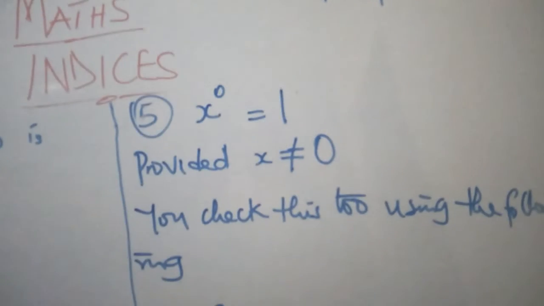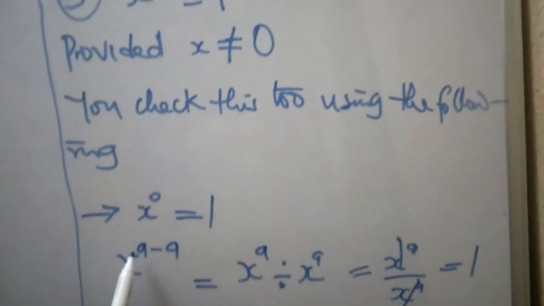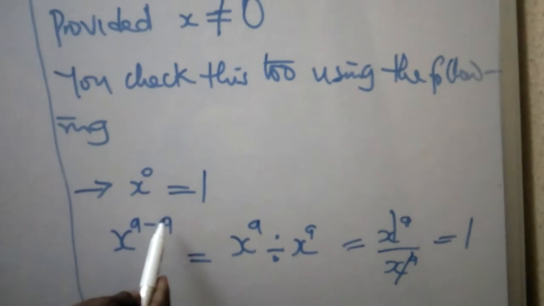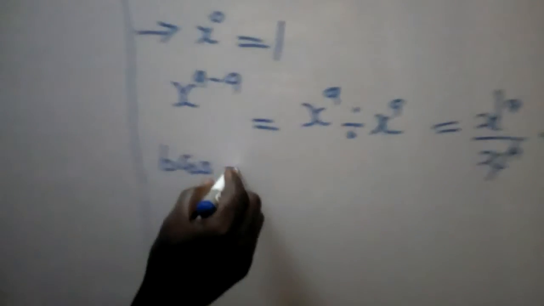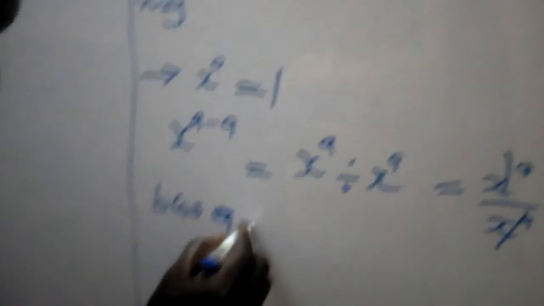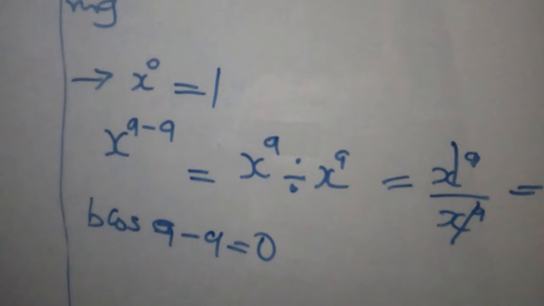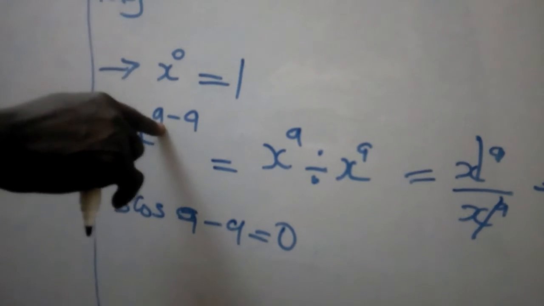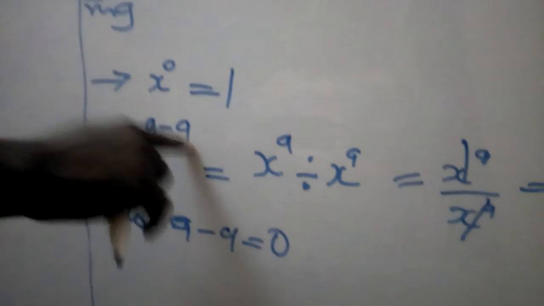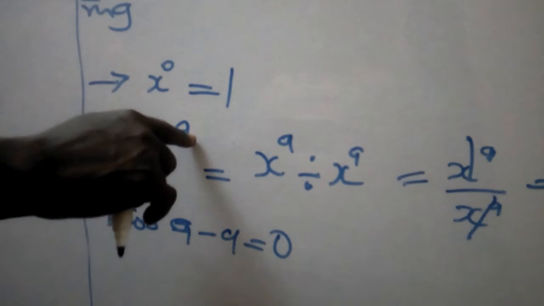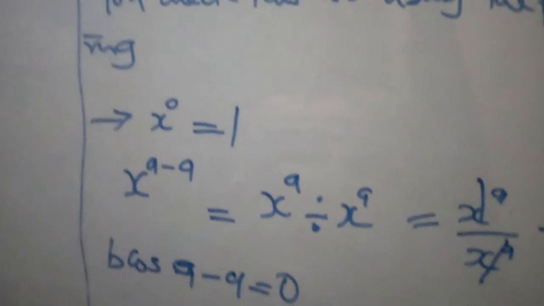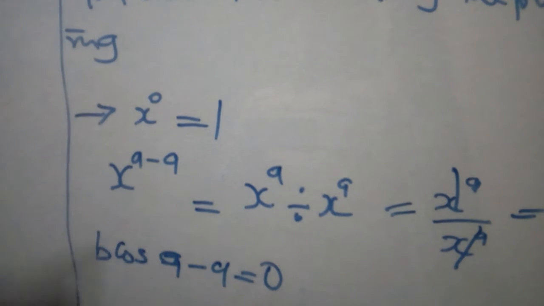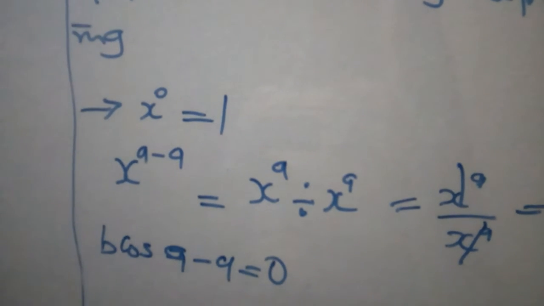And how do you prove that? We know that x raised to the power of a minus a will give you 0, because a minus a is 0. So x raised to the power of a minus a will give you x raised to the power of 0.